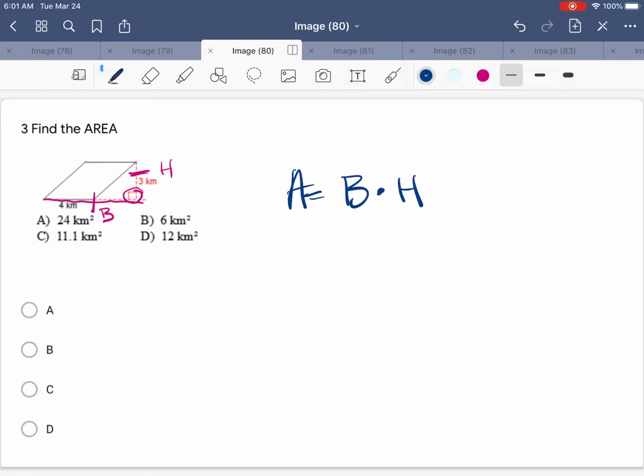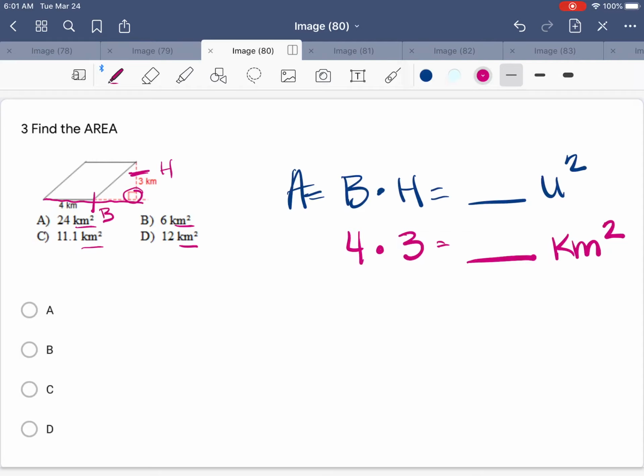And again, whatever my answer is will be in whatever the units are squared. So my base on this one is 4 times my height is 3. So whatever those two are, and my units in these is km, kilometers squared. So that is how you would do number 3.